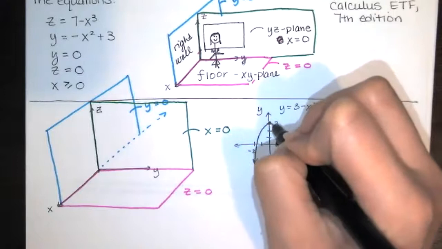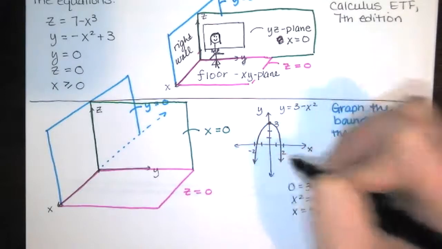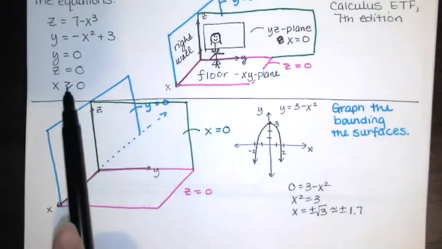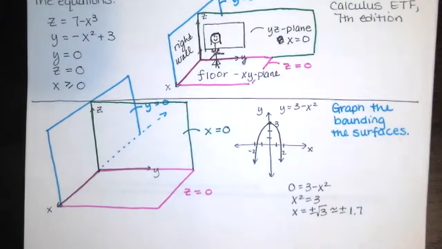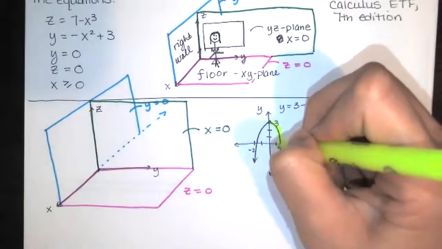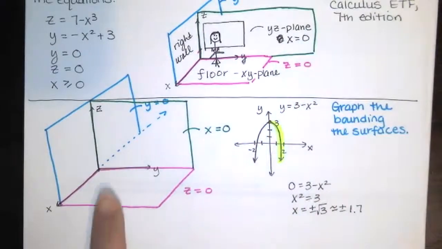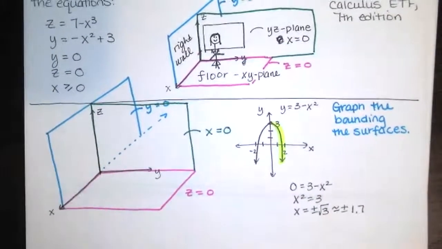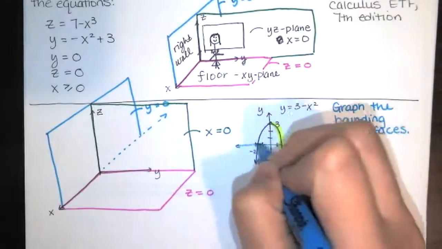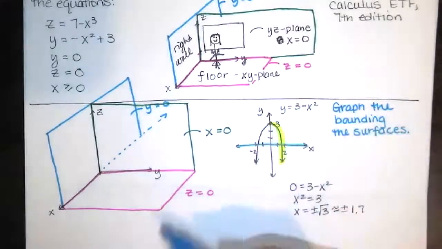So you've got a parabola facing down, and it looks roughly like this. Now, we don't have the whole parabola. We're only interested in the part where x is greater than or equal to 0, so that's this side. And we're also bounded by y equals 0, so that's the x-axis. And x equals 0.